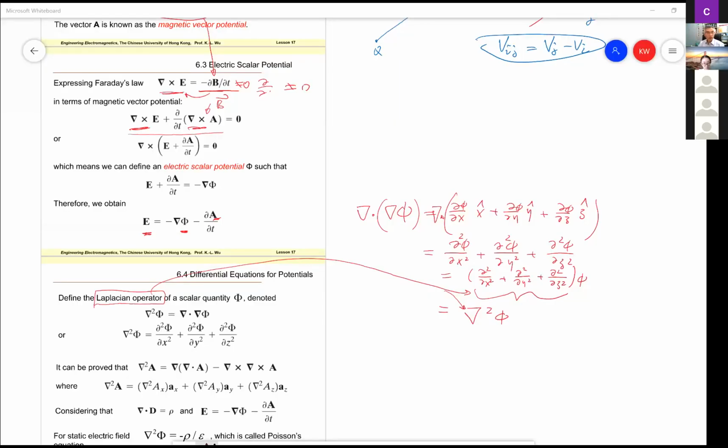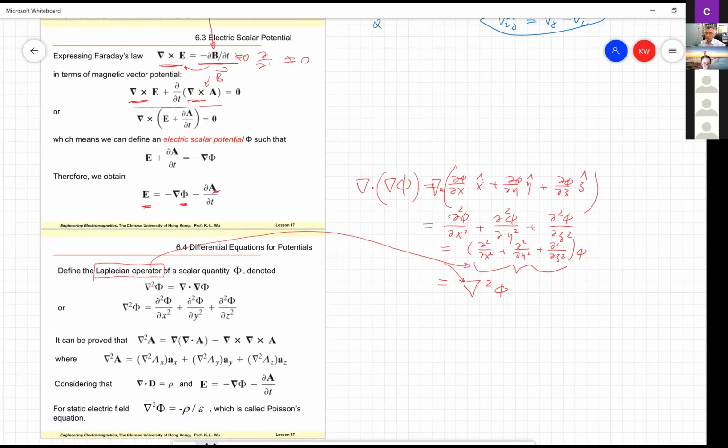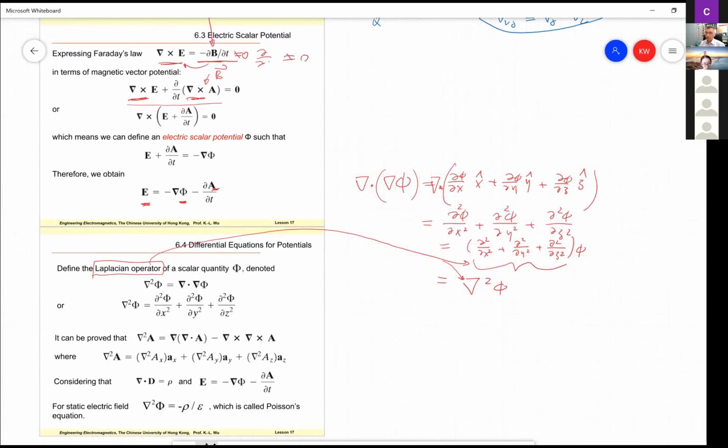Okay, let's resume. One question I just got is a little confusing about Laplacian operators, particularly when used for a vector field. It's not difficult to explain the scalar Laplacian operator applied to a scalar field.